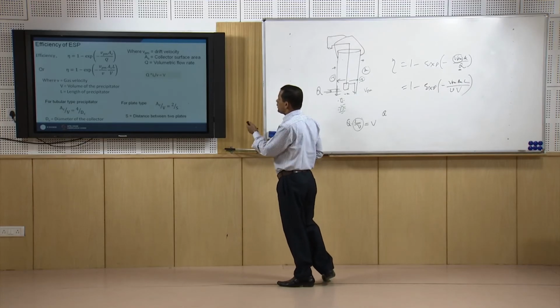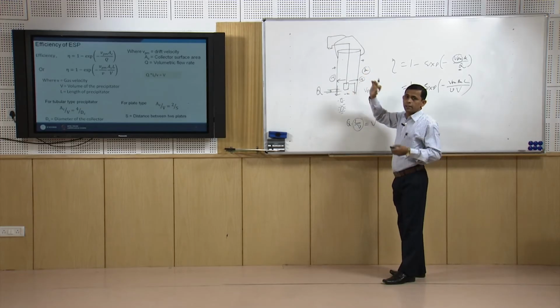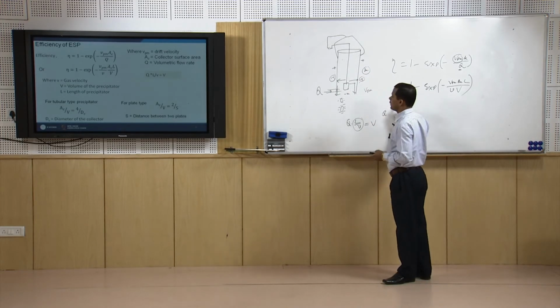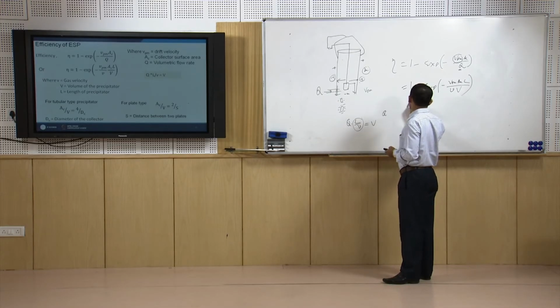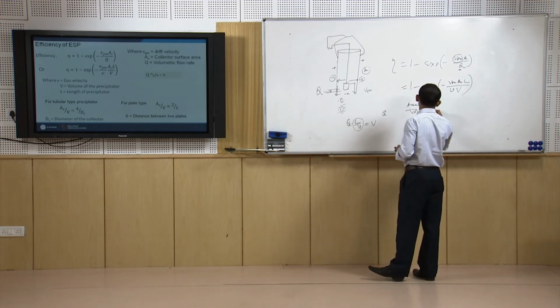Now, what will be the AC value? AC is the collector area. If it is a plate type, then area by volume is equal to 2 by S. How?